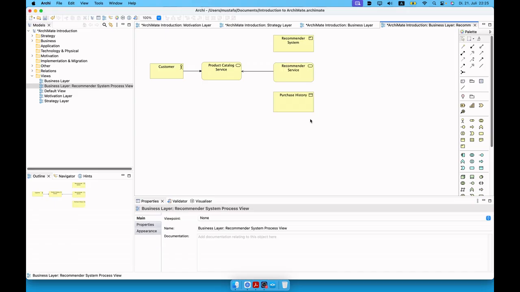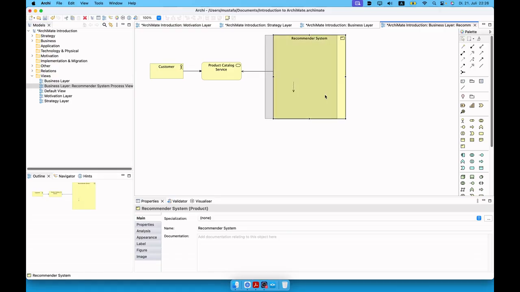So the relationship from the recommender service to the purchase history object, this is a business object, it is interpreted as a data collection, and this would be an access relation. So it's modeled like this. That means the recommender service will access the purchase history. Now we'll make this one bigger.